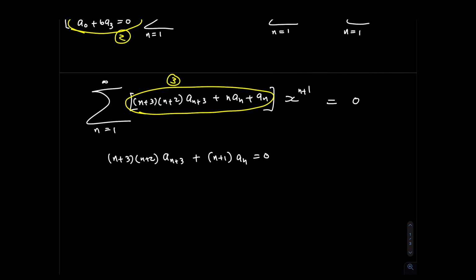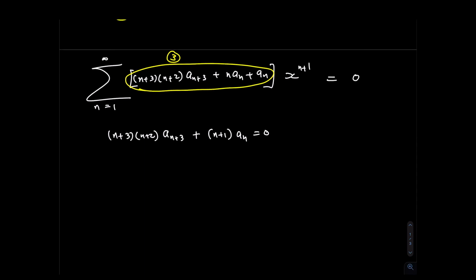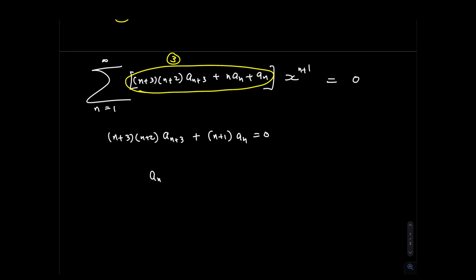And I always want to solve in terms of the higher value. So if I solve for a_(n+3), I'll have minus quantity (n minus 1) divided by (n plus 3)(n plus 2), times a_n. And there's my so-called recursive relation there.